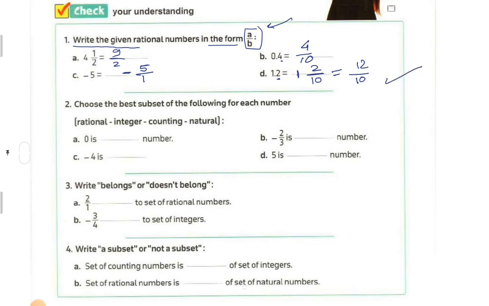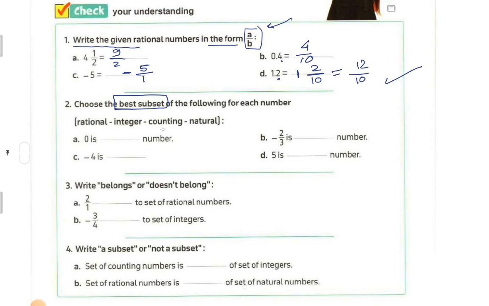Okay. Question number 2. Choose the best subset of the following for each number. Note that he asked us about the best subset. What does he mean by the best subset? Let's see. Point A, 0 is blank number. Is 0 a rational number? Yes. Integer? Yes. Counting?